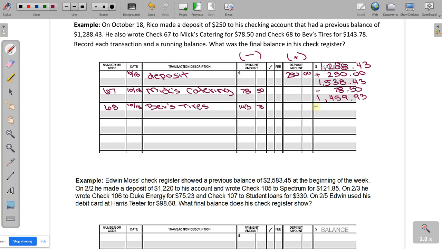So again, we're making a payment, so we are going to subtract out $143.78. When we subtract that out, we get $1,316.15. So that was check 68, and we just recorded each one, and the final balance is $1,316.15.